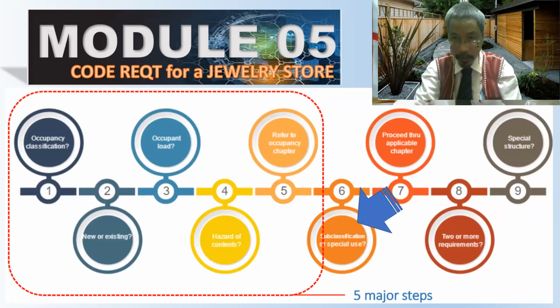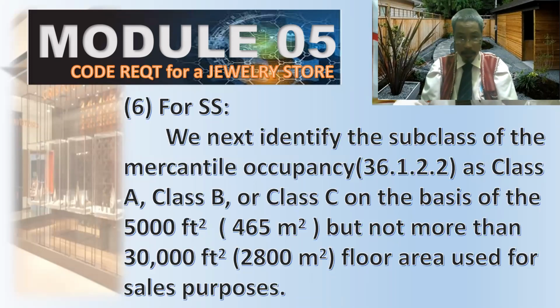Okay, let us go to the next step. Step number 6, sub-classification or special use. We next identify the subclass of the mercantile occupancy. There are sub-classifications, class A, B, or C, on the basis of the area, which is 465 square meter, but not more than 2,800 square meter floor area used for sale purposes. So let us classify this from this data.